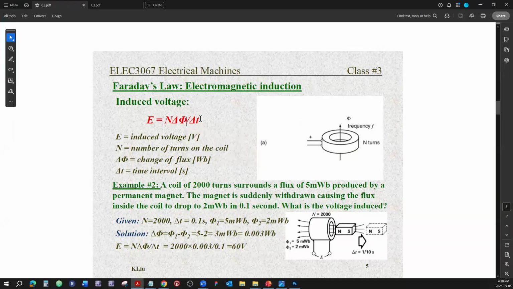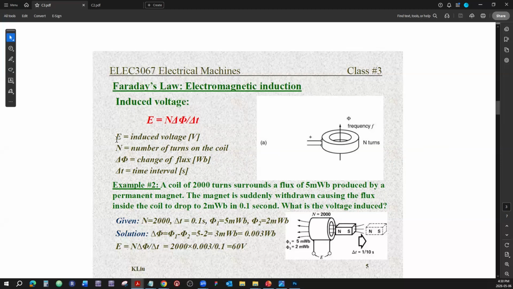And because the delta time, or the change in time, is on the bottom of the equation, the shorter the time it takes, the more voltage is going to be induced. It makes sense, because over a shorter time we change that magnetic field faster, more aggressively, so of course we induce more voltage at that moment.